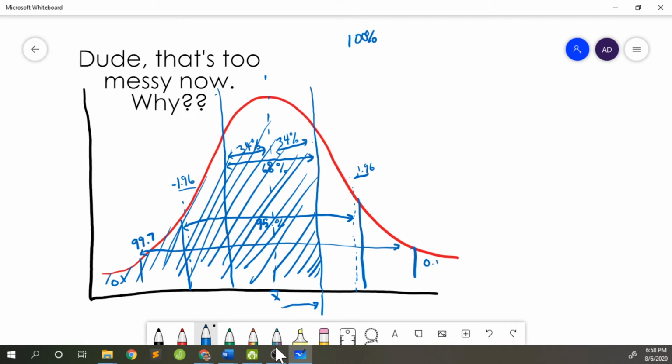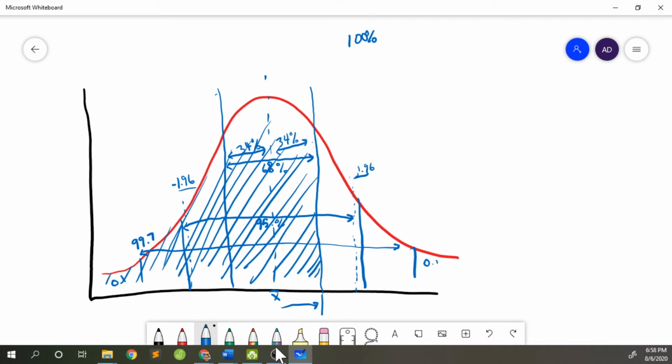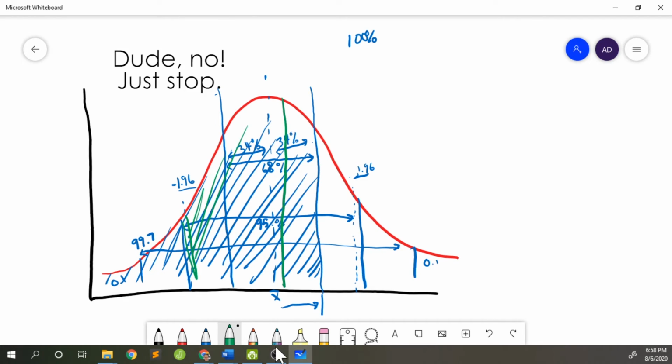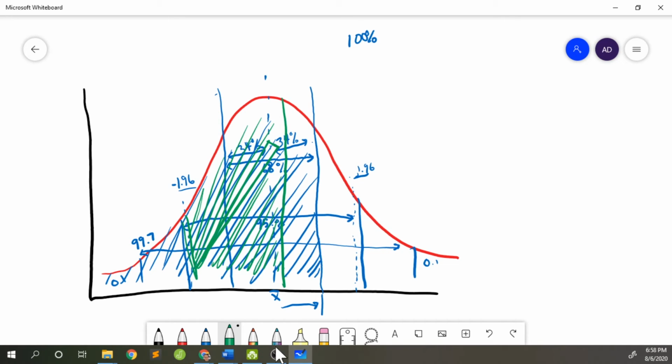We could find out how many people scored between your friend and yourself. What proportion scored between your friend and yourself? So if your friend scored here and you scored here, we could figure out how many people are in this region in between. So this allows us to do some really cool things with Z-scores.